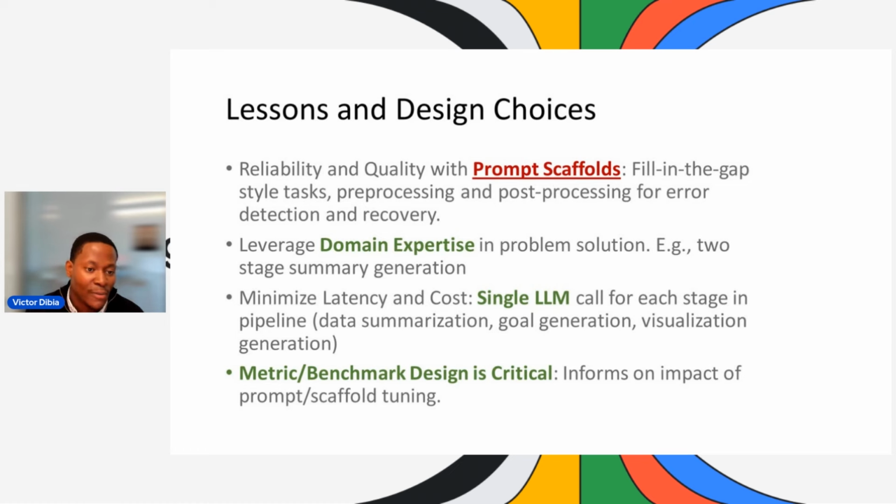In this case, rather than letting the model generate the entire code for the visualization, we use templates for each of the different languages, visualization grammars, we are interested in supporting.